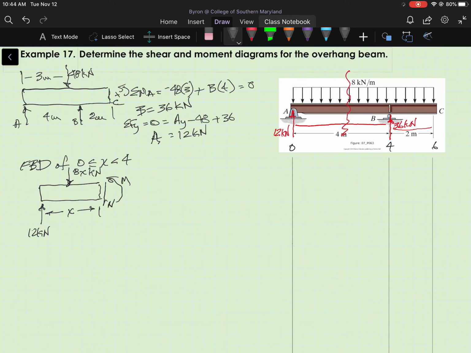And its distance from the cut is x over 2, because we know it's acting at the center of the segment of the beam.